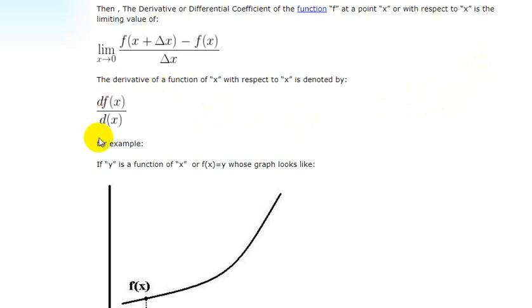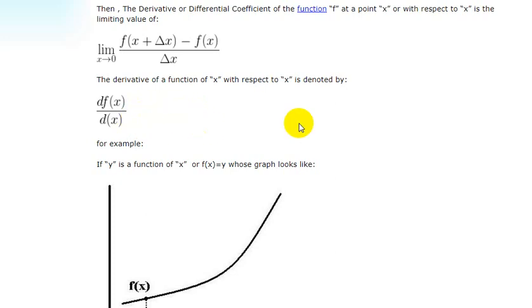Differential coefficient actually has another meaning, which is the first derivative of any function f of x. So while we find the first derivative of f of x, we can determine the rate of change in any function.